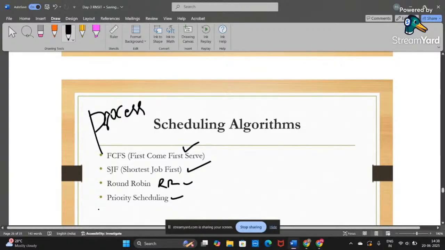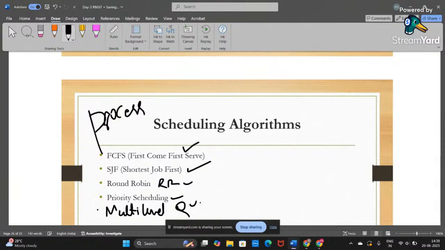And another one is multi-level queue scheduling.